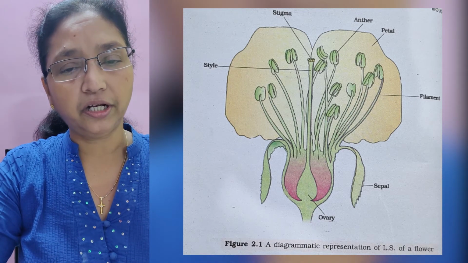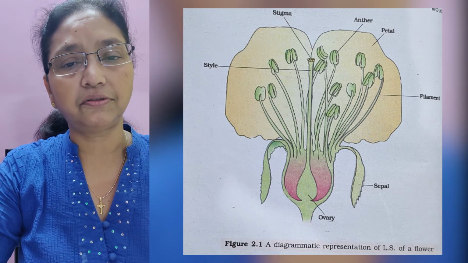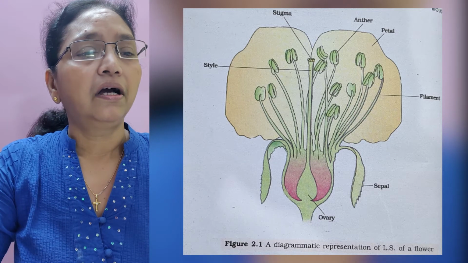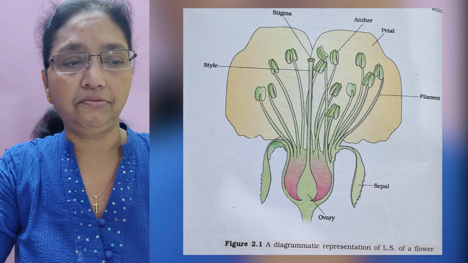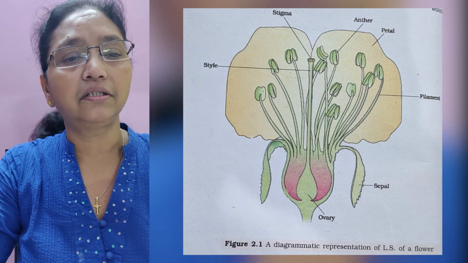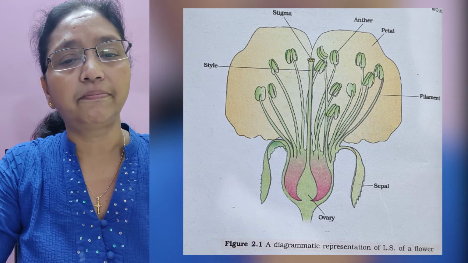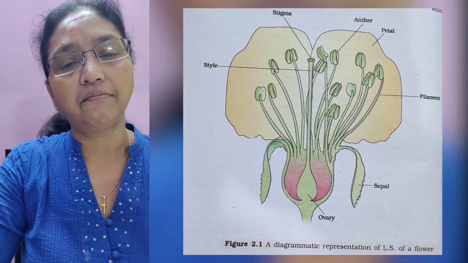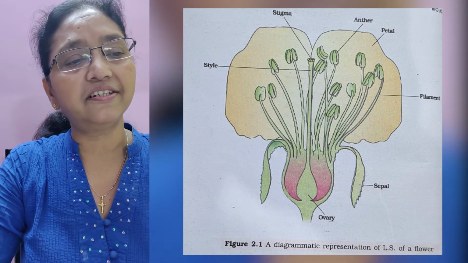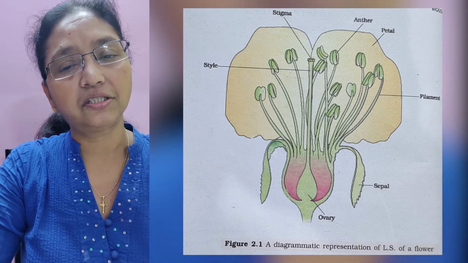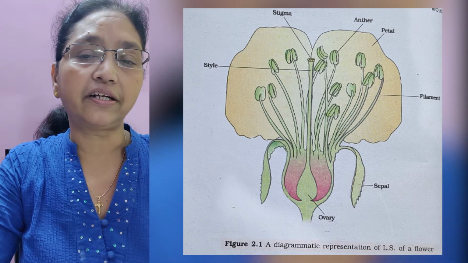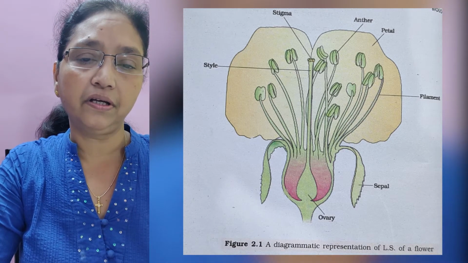So the sepals protect the flower when it is in its bud state. The second whorl is the corolla, which is made of brightly colored petals. Some flowers may have fragrance, and these petals help in pollination by attracting insects.